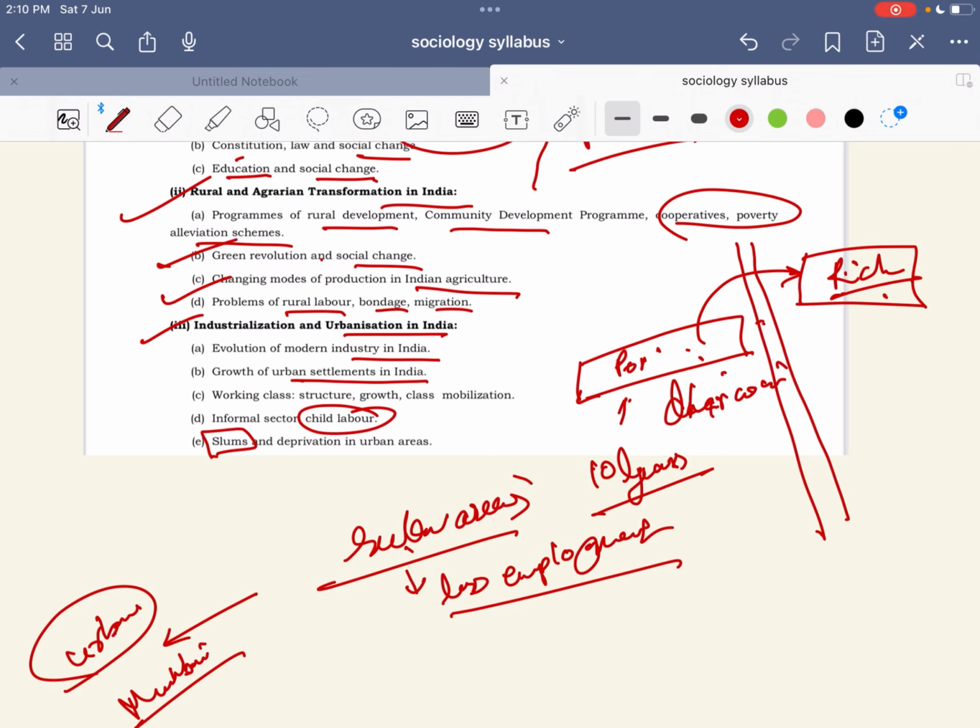But the main issue is living in Mumbai. Accommodation is very costly in Mumbai.